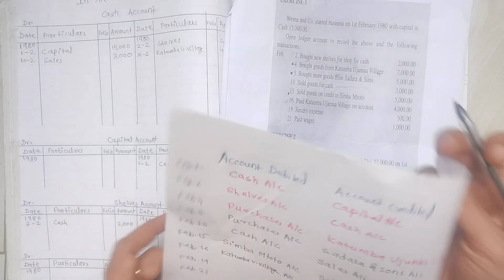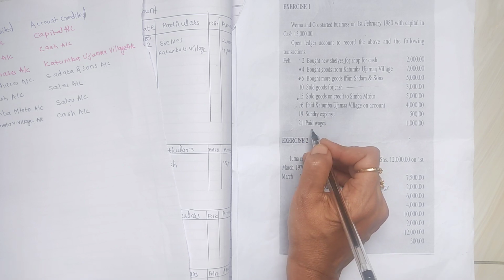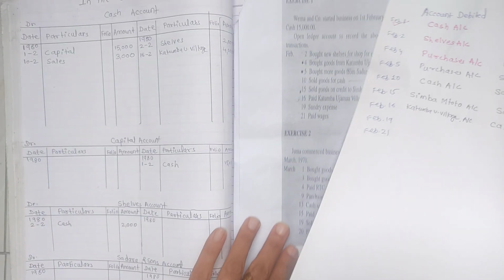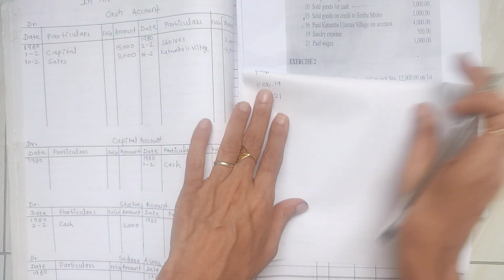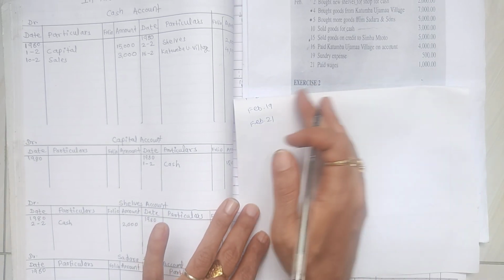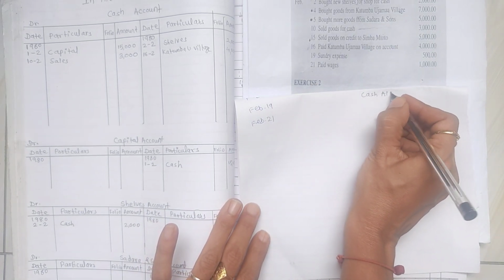Next one, now there are two payments, one for sundry expenses, the other for wages. So for both transactions we will see the effect. On the 19th February, for both, which account will be credited? Cash account.